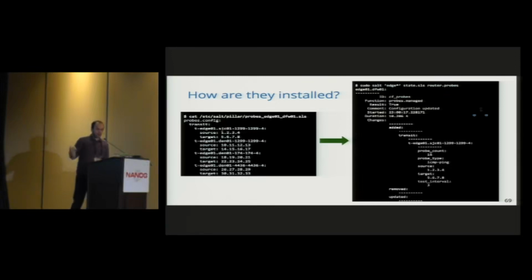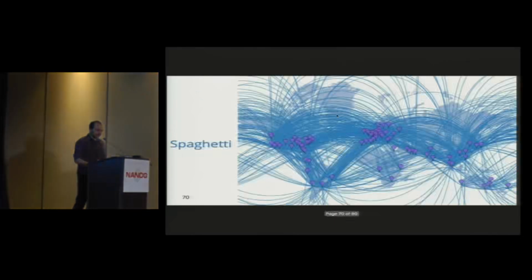Similarly, as we had state.sls router.ntp, this one does the same with the probes. Again, using a state module that is embedded in Salt stack, you can use it and generate something similar. And we have many thousands of probes worldwide, continuously monitoring the backbone of the internet.